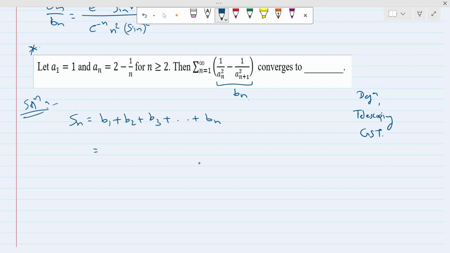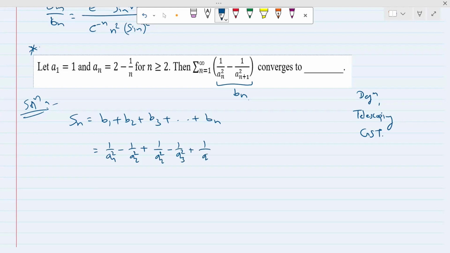So what is B1? 1 by a1 square minus 1 by a2 square. What is B2? 1 by a2 square minus 1 by a3 square.